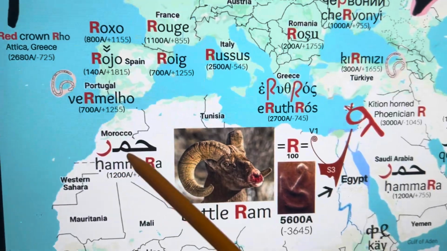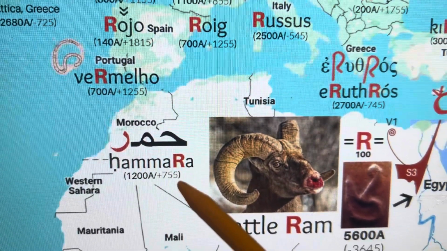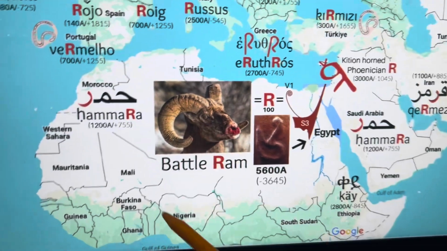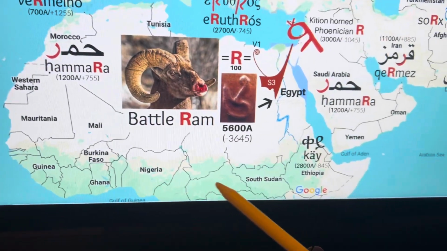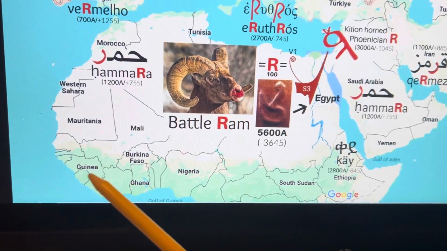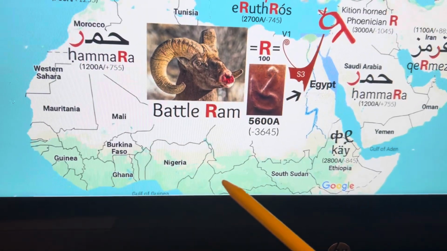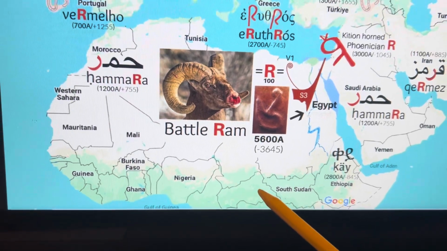Morocco is mostly Arabic right now, so they still use their Ham, Ya, Ra. Some of these words down here are difficult to track down because they're mixed with a lot of tribal South African languages.